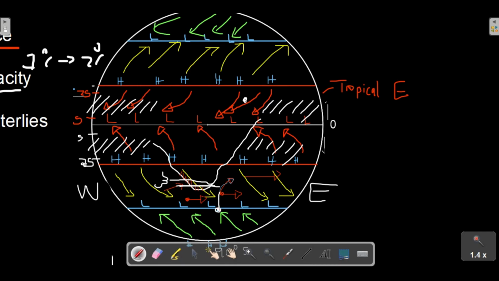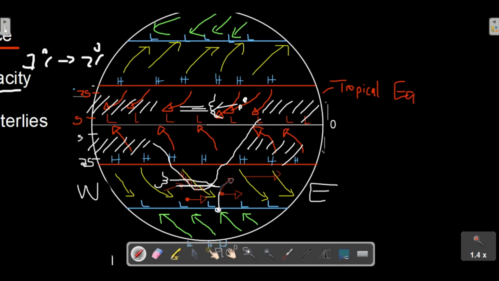Now the mouth is pointing in this direction. Sorry, I'm terrible at drawing. Let's say this is a mouth, so you are blowing towards the west. If a tropical cyclone is right over here, it will move towards the west because it is driven by easterlies.